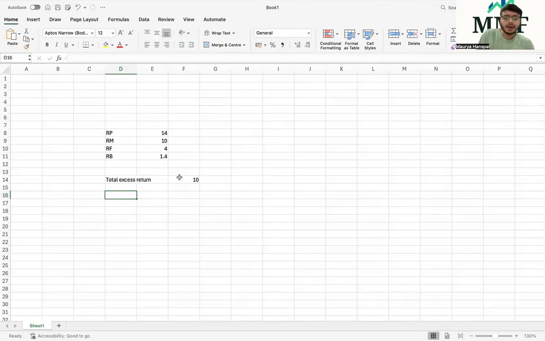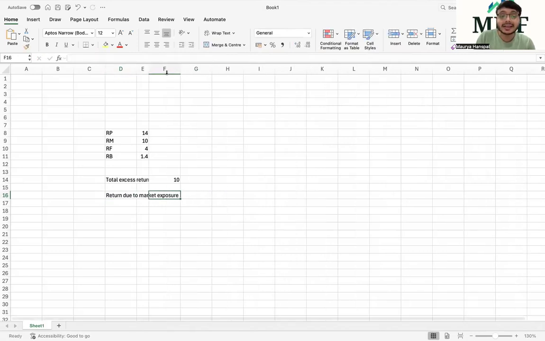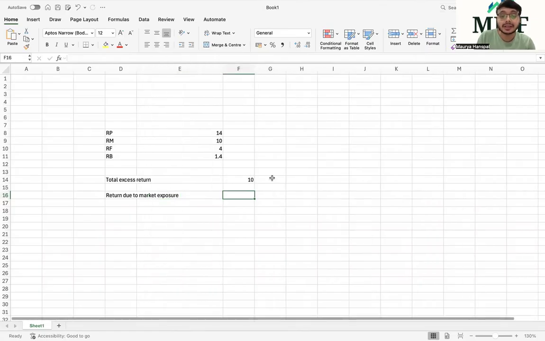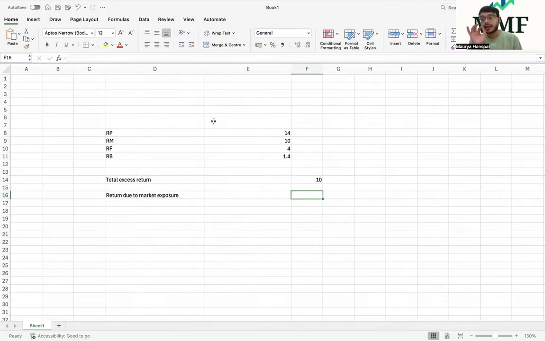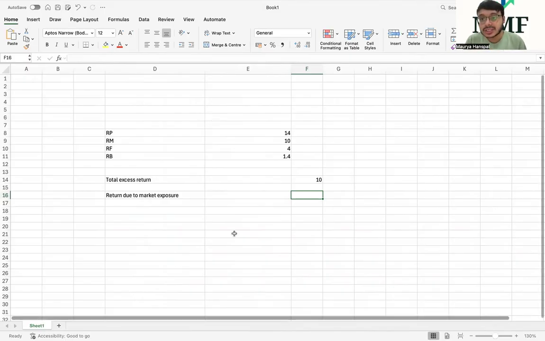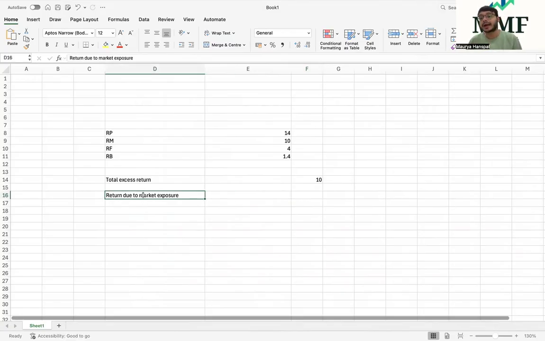Now, if I want to know the return due to market exposure and the return due to systematic risk, मार्केट की वजह से कितना रिटर्न बना है, मतलब मार्केट के अप्स एंड डाउन्स की वजह से पोर्टफोलियो में कितना रिटर्न बना है. Now here the fund manager skill is not questioned. Now this is purely the return due to market, no attribution, and I would say no credibility and no credit can be given to the fund manager. The return was made just due to the market movement, the market volatility, the market movement upside down.